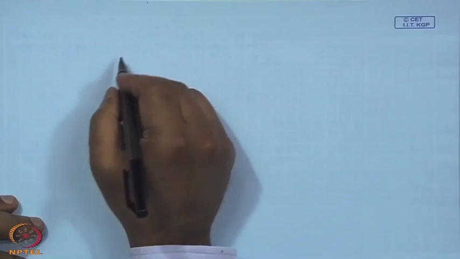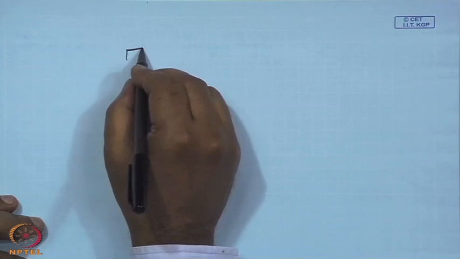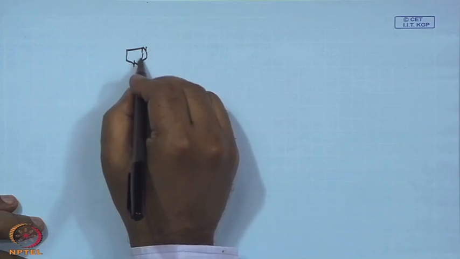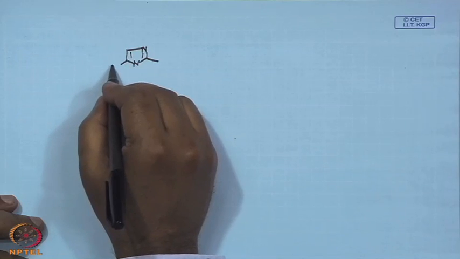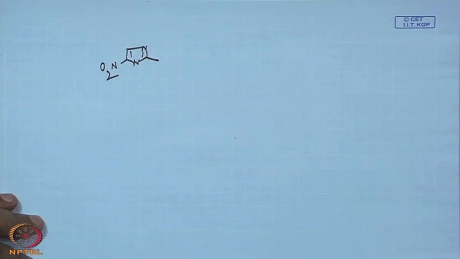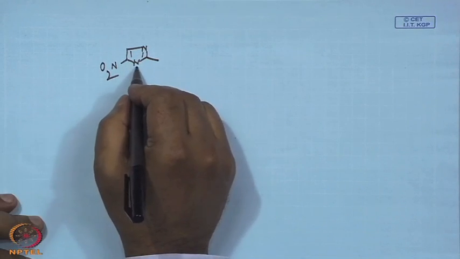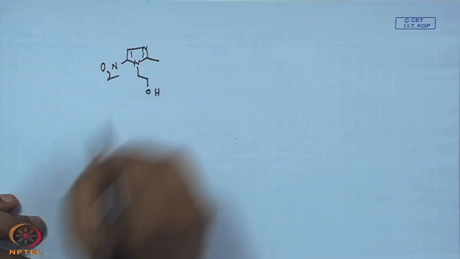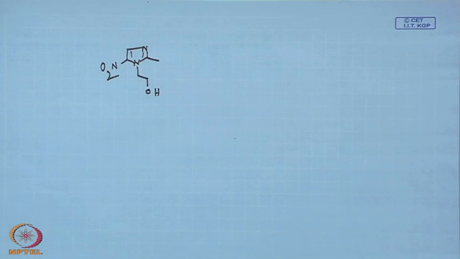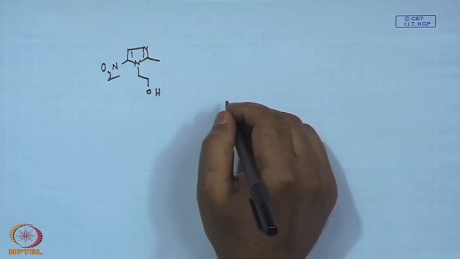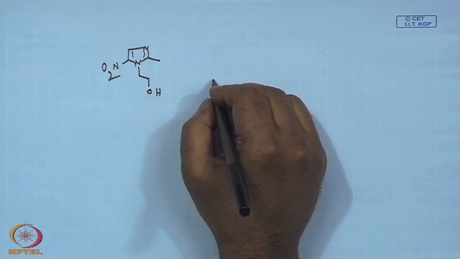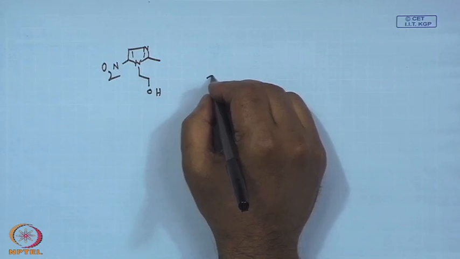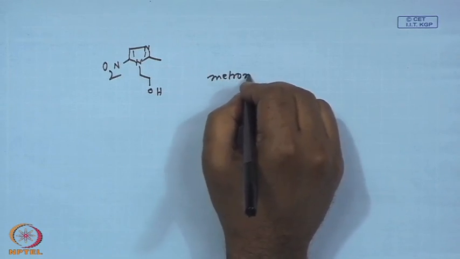And then there are quite a few other medicines. For example, let us say I think we should be a little bit knowledgeable about this one. It is a very simple molecule. Very simple molecule. What is it? I think we should know all about it. From the structure you can find out, right? It is metronidazole.